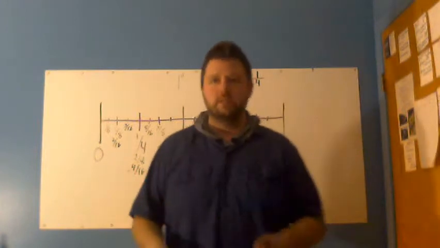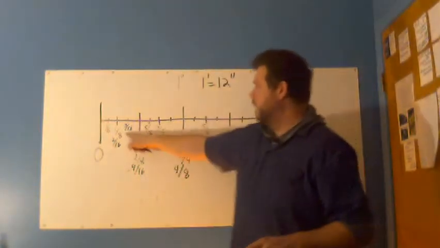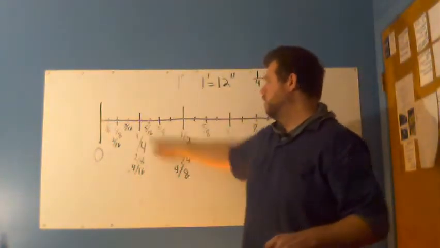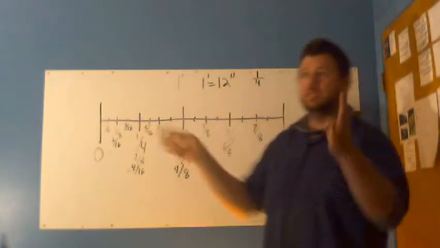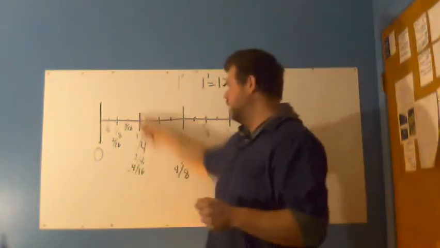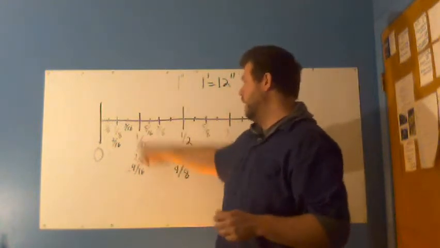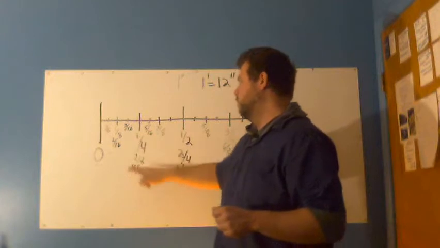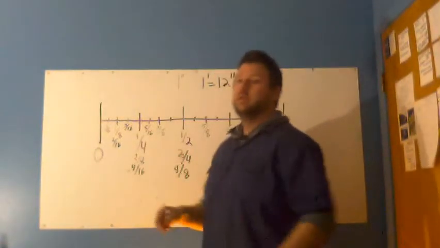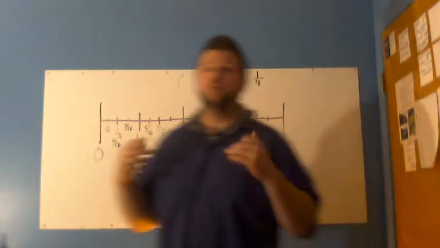If you notice right here, those are individual 16ths. They're not sharing any of these other divisions. But the ones that we're able to reduce, and we'll talk about this in a second, or not reduce, convert to simplest terms.